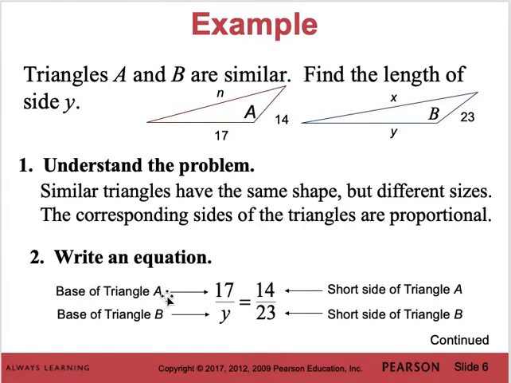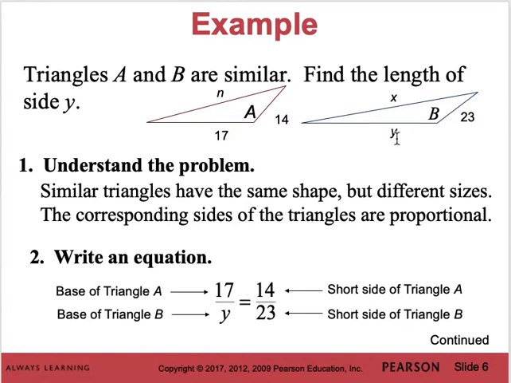If we want to know the value of y, find the length of y. Y is the base of triangle B here. So we would put base of A, 17, over base of B, y. As long as we're using the numbers from triangle A and always putting those in the numerator, we can do that. You could also write it in reverse.